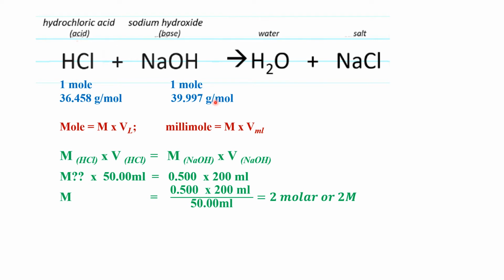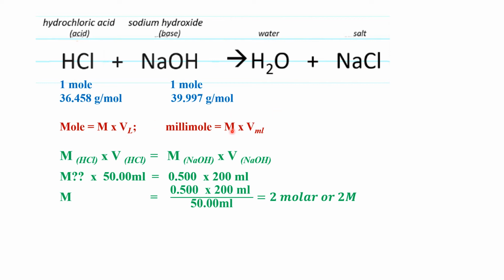Now, reviewing our molarity formula, where you have mole per liter of solution, if we rearrange it a little bit, we will have mole is equal to molarity times volume in liter. In other words, if I multiply together molarity and volume in liter, I will get mole.